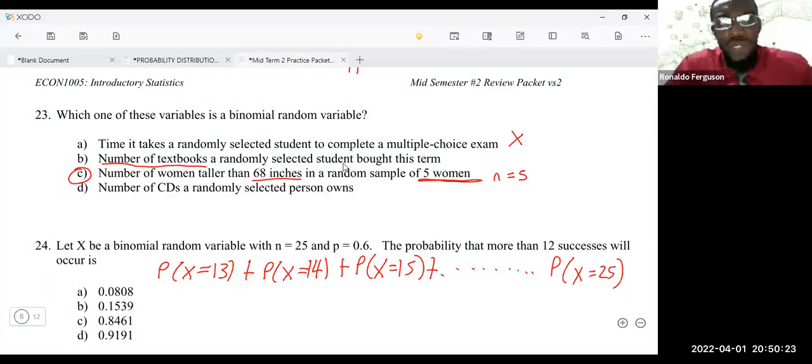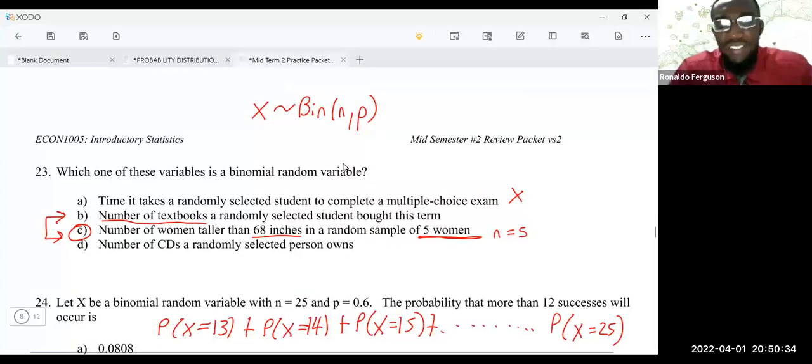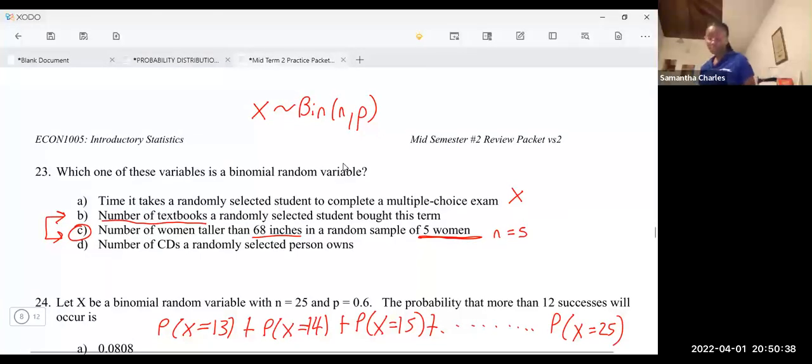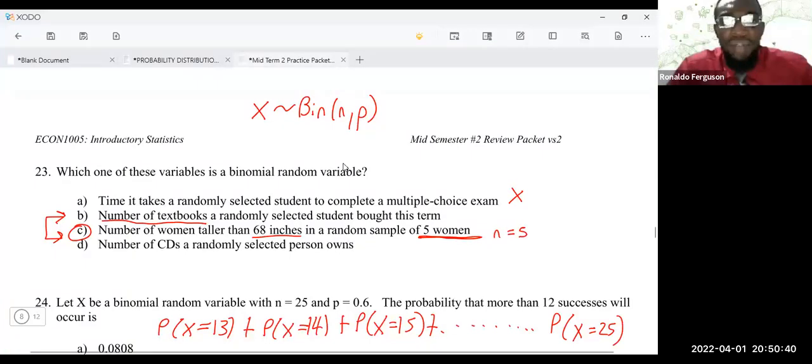So this one is debatable. It's very debatable, because even in option C, you can't determine P either. What is a success? It's not clearly defined. So this question is not fully developed, but because they give us our sample size n, at least it restricts it for us, so we're definitely working within a finite space.